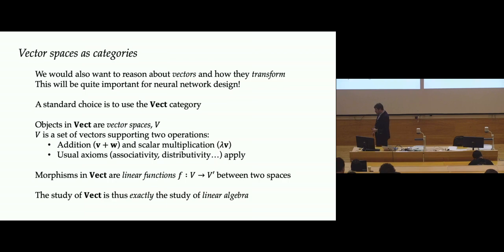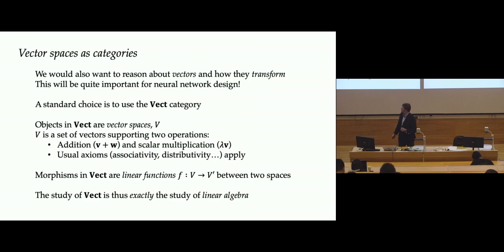Okay. So, because we're going to be talking about neural networks, we need to talk about vectors and how these vectors transform. As a result, we need to use a category that allows us to reason about vector transformations. And the standard option that is often used when resolving constraints on vector computations is to use the category of vector spaces, Vect.